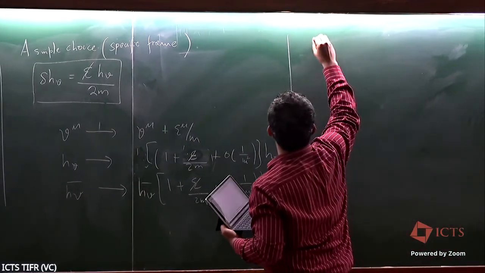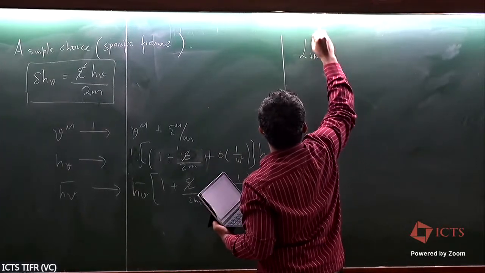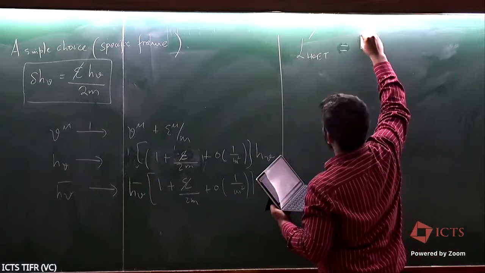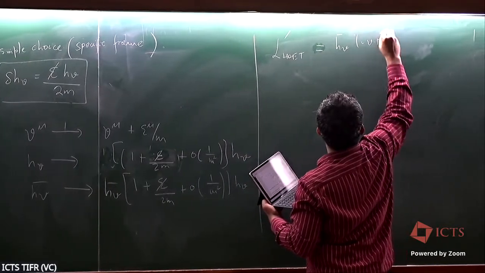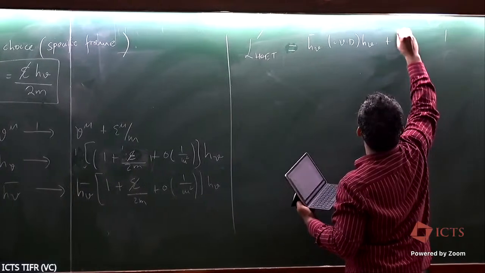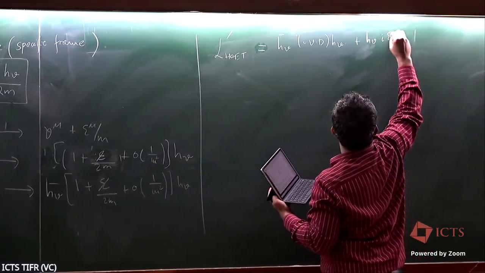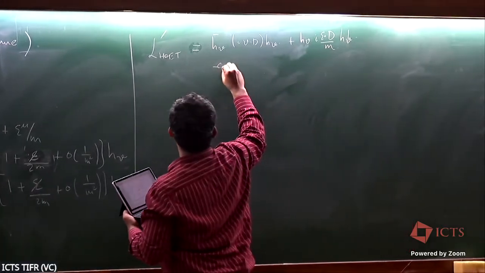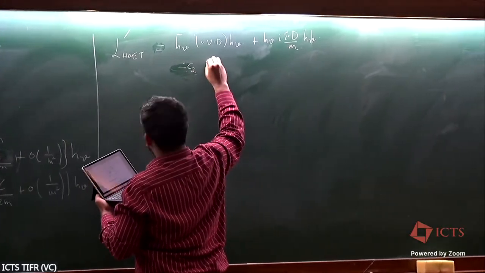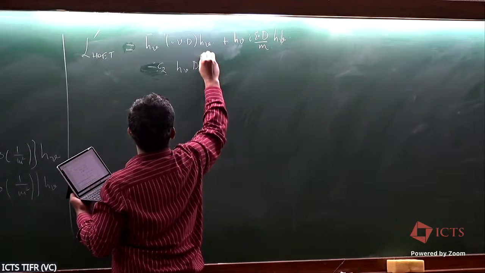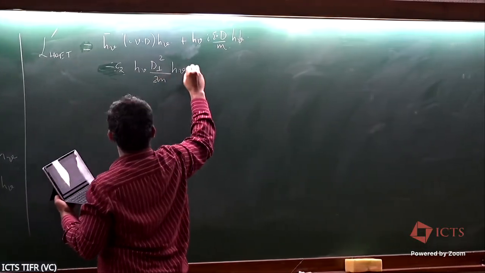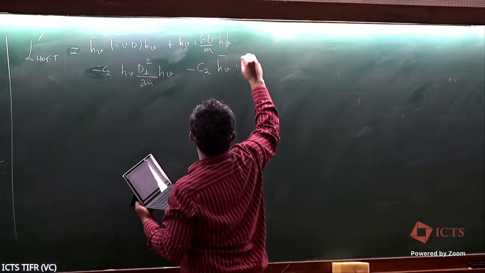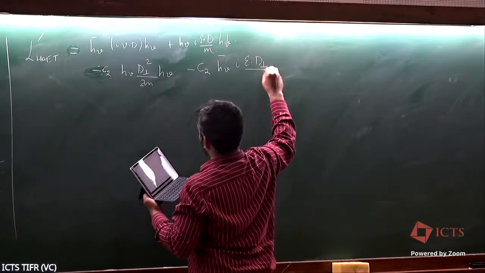The transformed Lagrangian that we get, L_HQET prime in the prime coordinate, is H_v i v·D H_v plus H_v i ε·D/m H_v minus C2 D_perp squared over 2m H_v minus C2 H_v i ε·D_perp over m H_v.